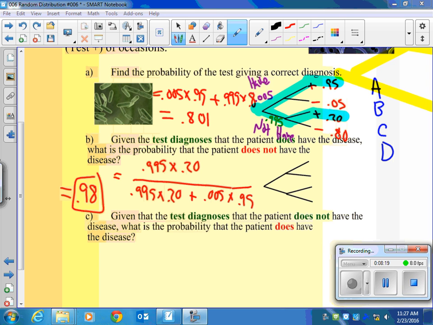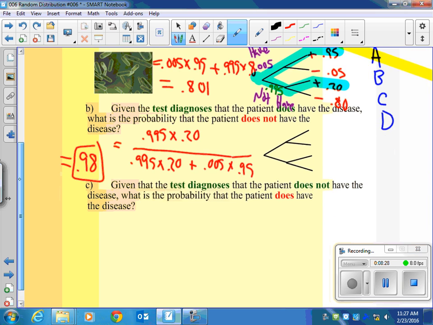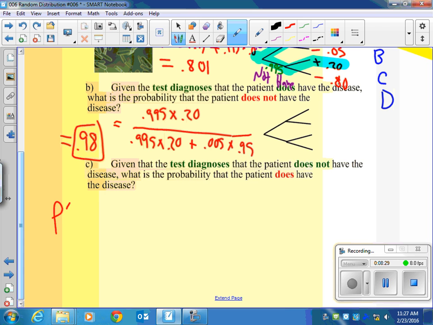It's real quick, though. Given that the test diagnoses that the patient doesn't have the disease, what's the probability the patient does have it? So I'm going to write this out. The probability that you do have it, knowing the test is negative.